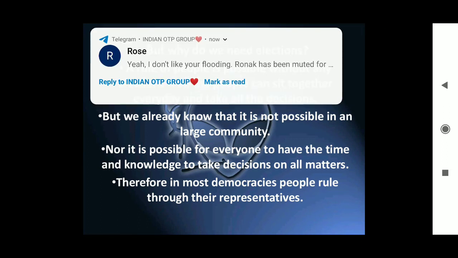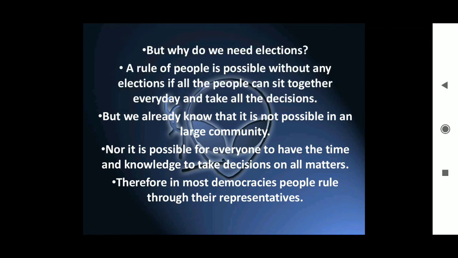It is because all the people can't sit together and talk on policy matters. All the people cannot take participation in the decision making process of the government. All the people cannot discuss the issues of national and international importance. So we have to choose the representatives.